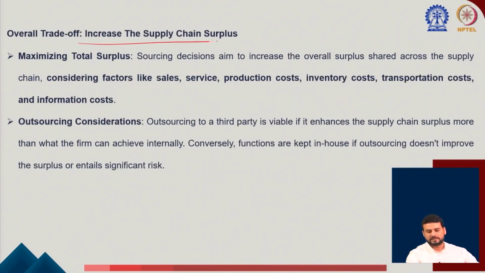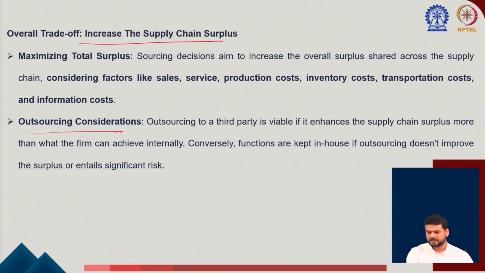Overall trade-off: supply chain surplus, maximizing total surplus, this will only happen if sourcing helps you reduce cost. We have discussed that whenever we go for sourcing, the very basic purpose is that you are looking for low cost supplies, and second, you are looking for expert services, because those outsourcing partners are experts in that field, right.